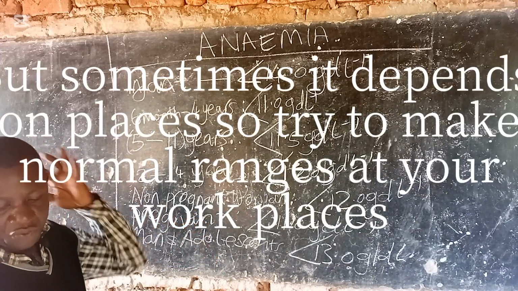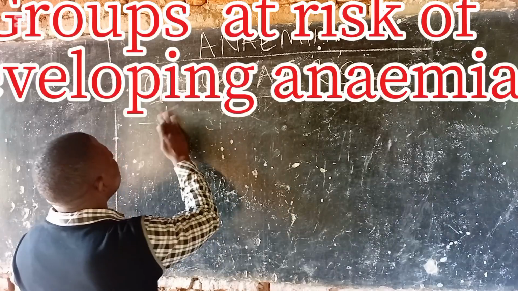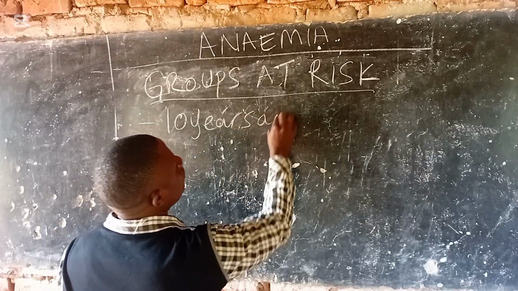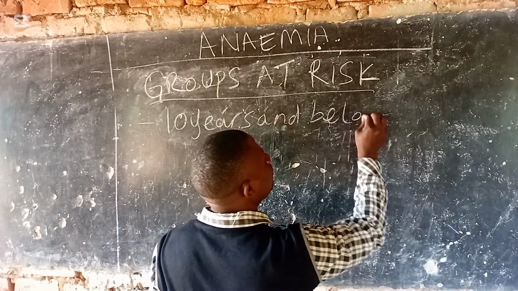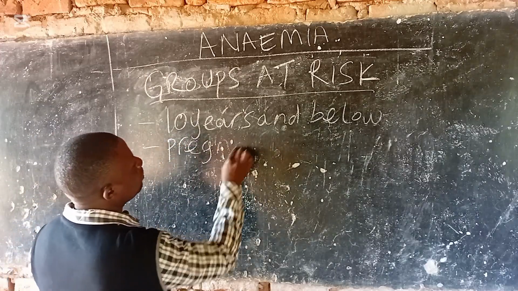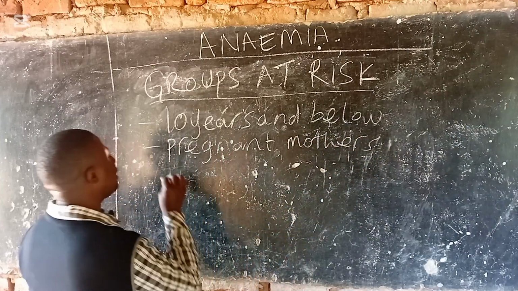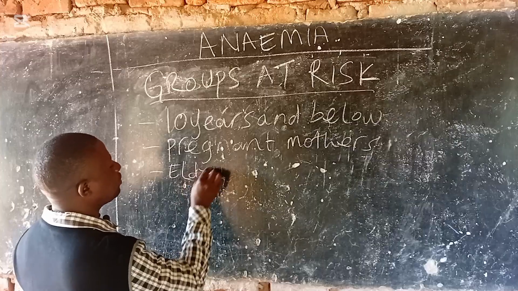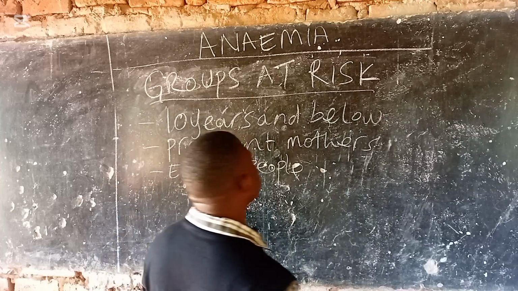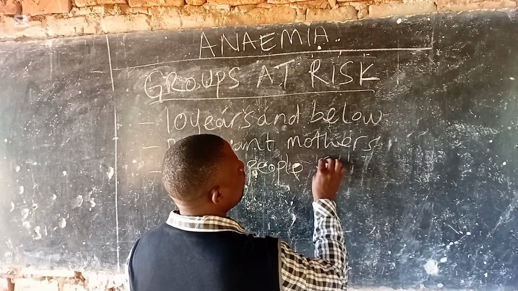So let us continue and see the risk groups, the groups which are mostly at risk. These are the children 10 years and below. Then we have the pregnant mothers. Then we have also elderly people. Actually, here they say in the research that it becomes worse.